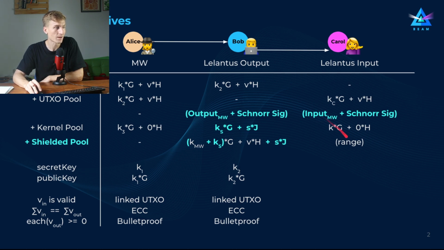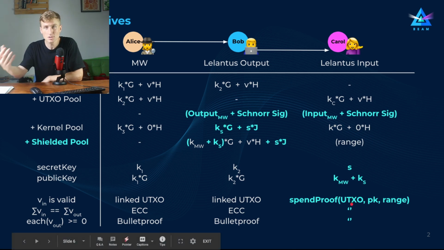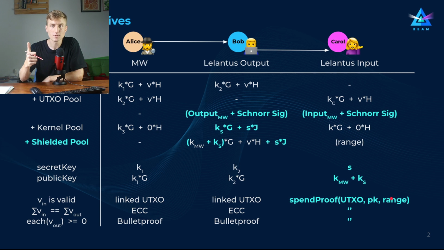And this is going to be pulled out of the range. Carol is going to create a spend proof using this S and the information about the old transaction. And then the blockchain is going to use the spend proof together with the UTXO, her public key here, which is these K values, and this range. And this spend proof will just return a big thumbs up.